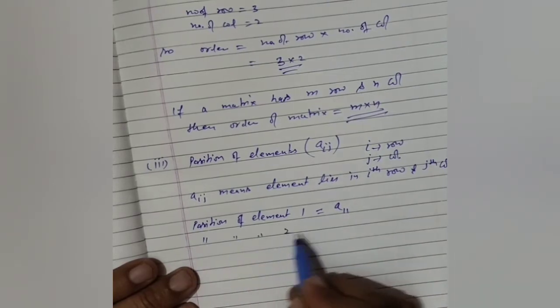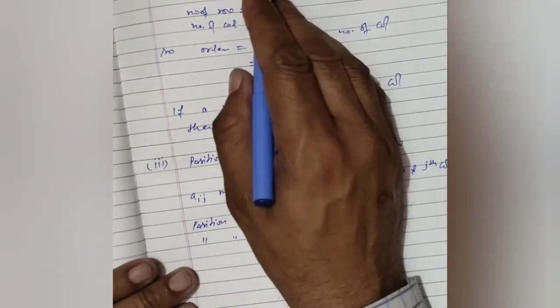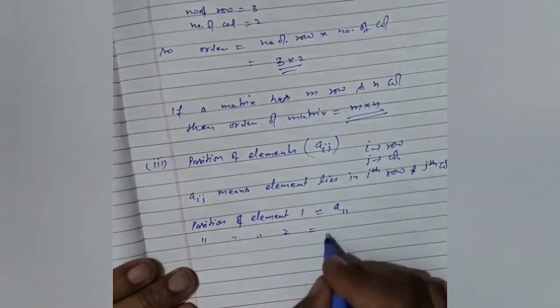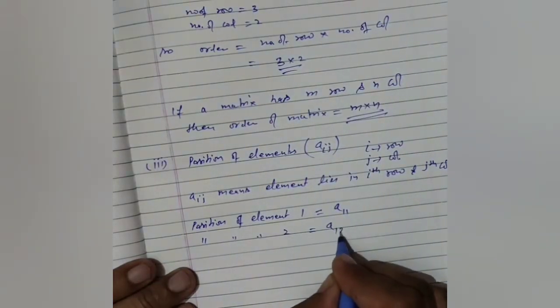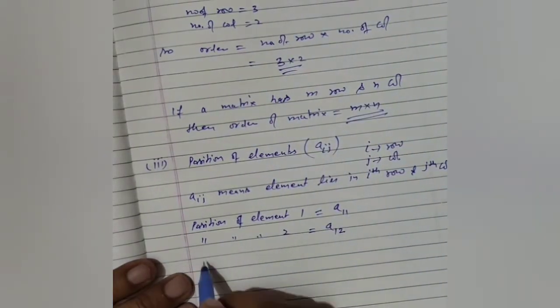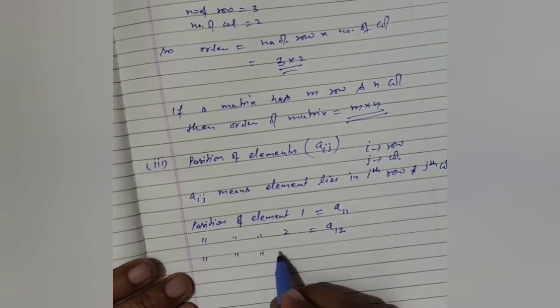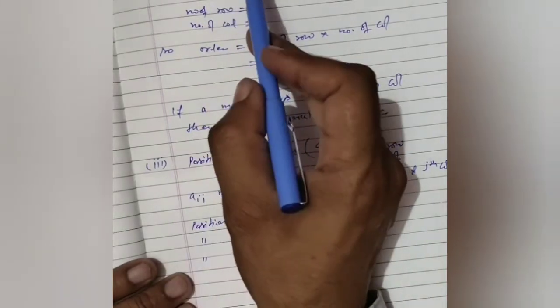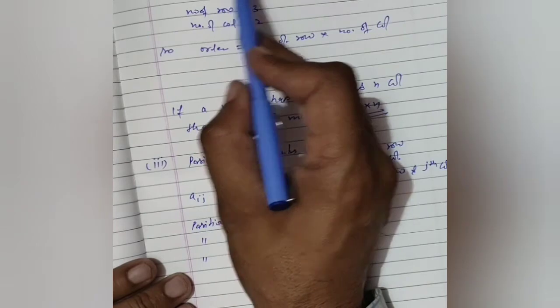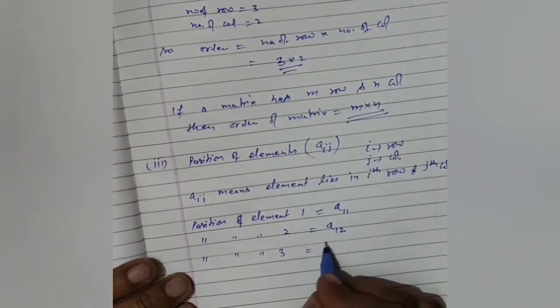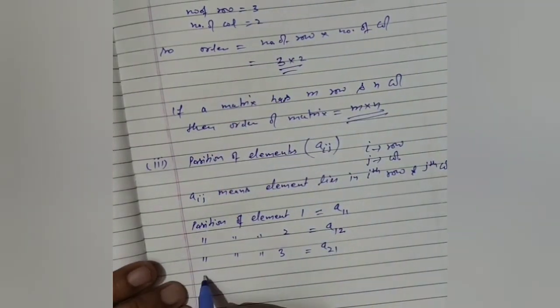Position of element 2 lies in the first row and second column, so its position is A12. Position of element 3 lies in the second row and first column, so its position is A21.